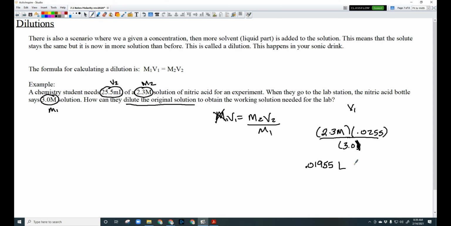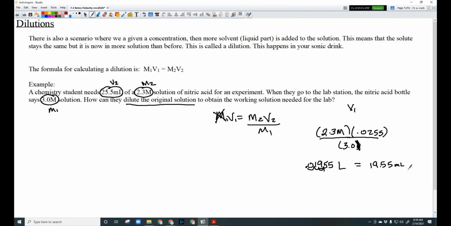That's hard when you're actually in the lab and you're measuring. We measure in milliliters instead of liters, so we want to convert this back down to milliliters. Move the decimal place three times this way, so we get 19.55 milliliters.